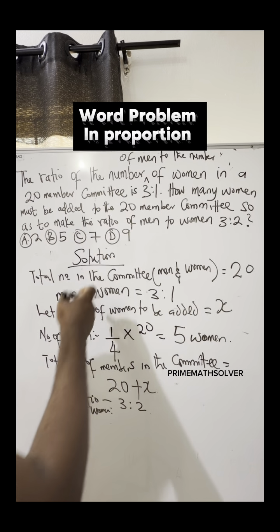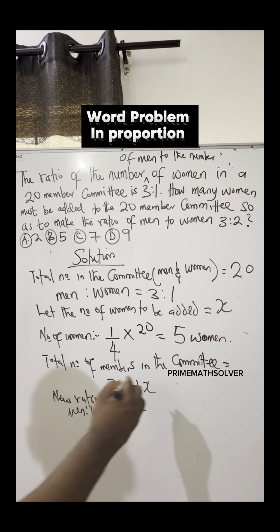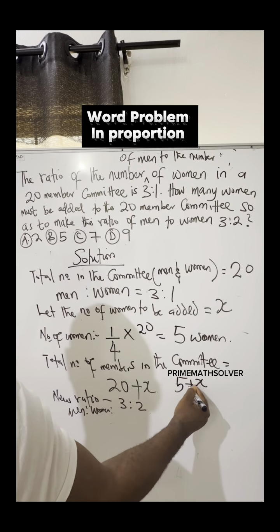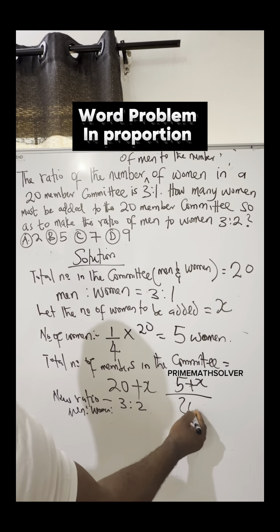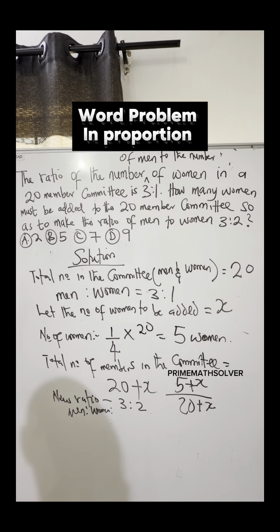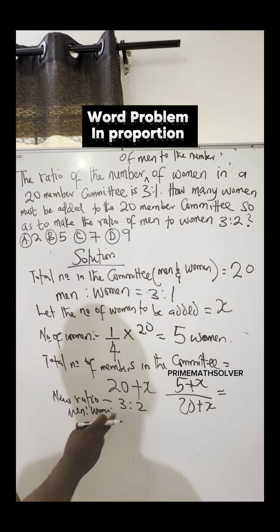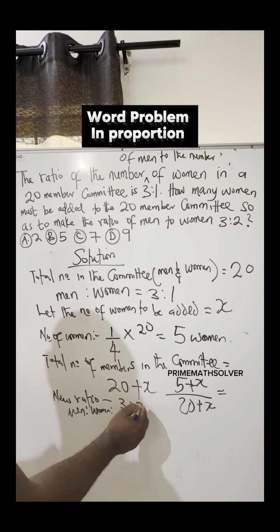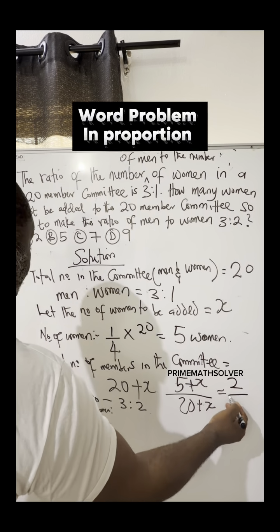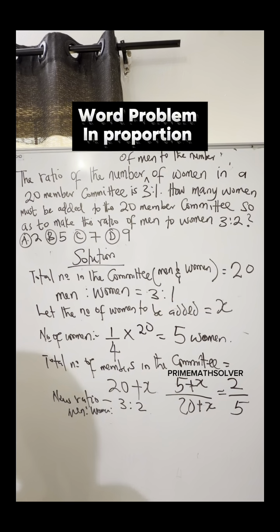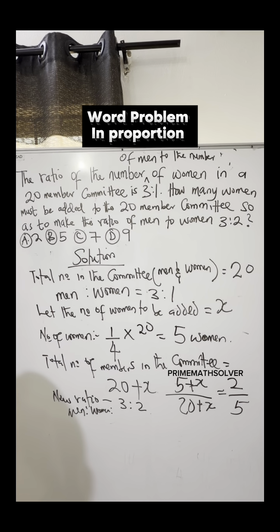Now they have added x to it, right? So for women, we are going to have 5 plus x over 20 plus x, equals to the new ratio for women, 2 over 3 plus 2, which is 5. So now we have to solve for x.